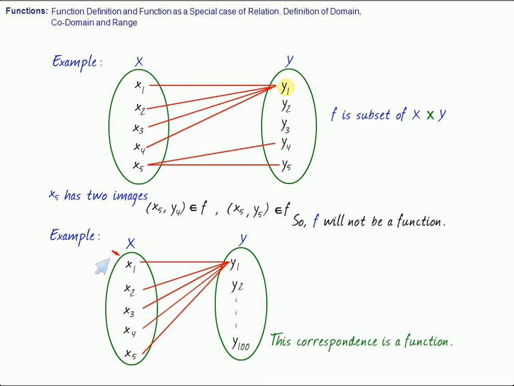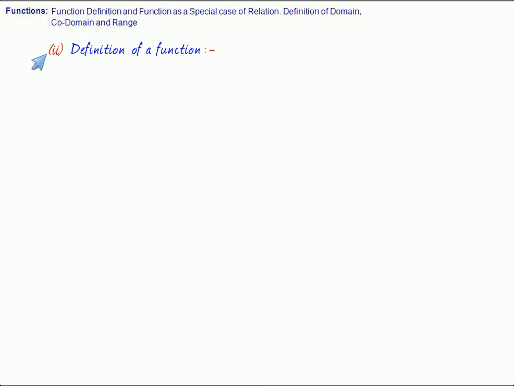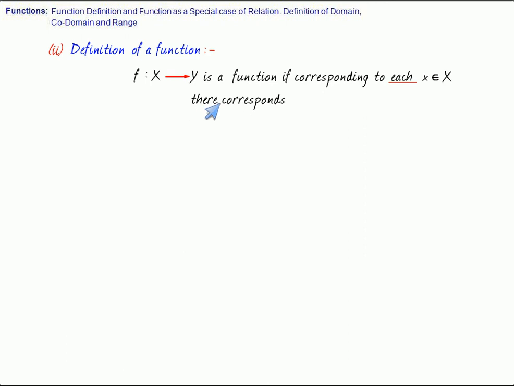Second definition is very common, that a correspondence F from X to Y is a function if corresponding to each x belonging to capital X, there corresponds a unique y belonging to capital Y. Let us underline each, and unique also.